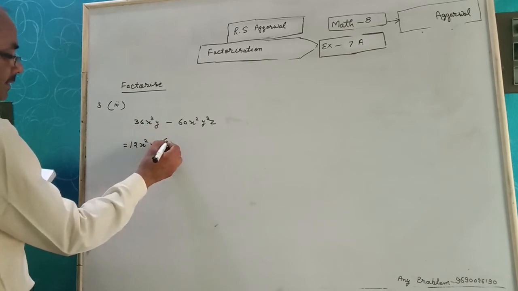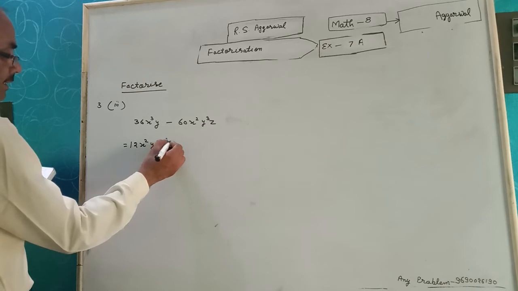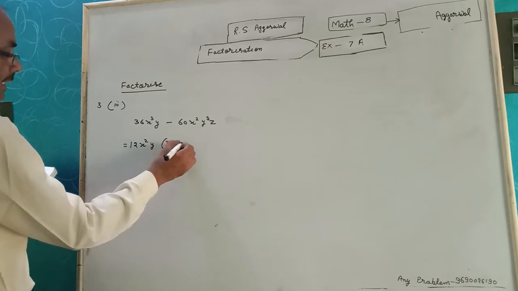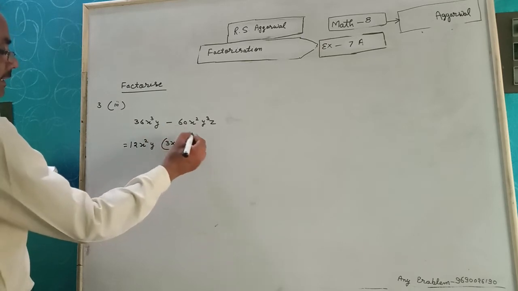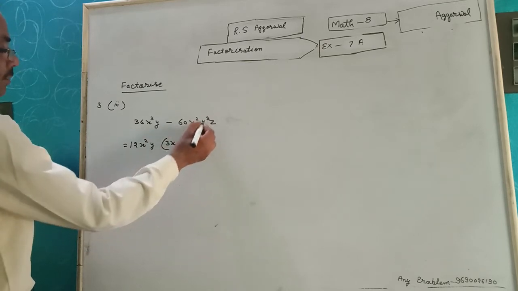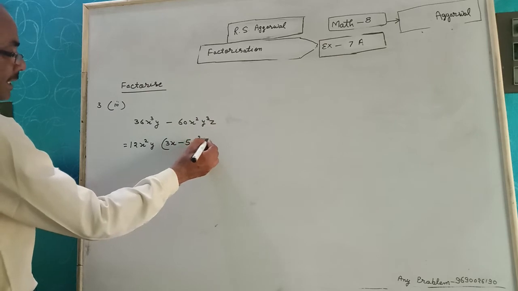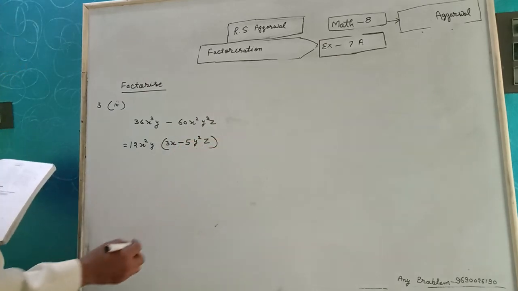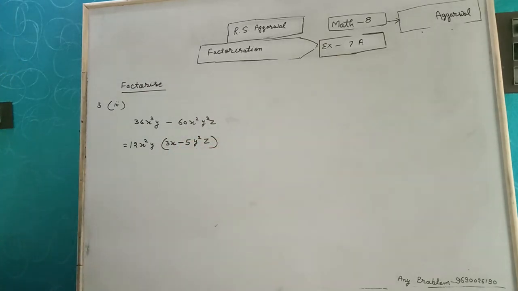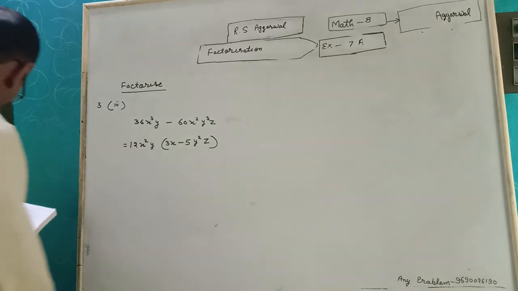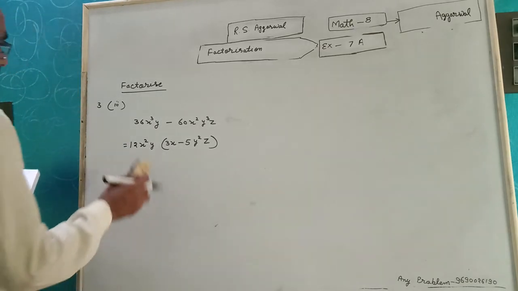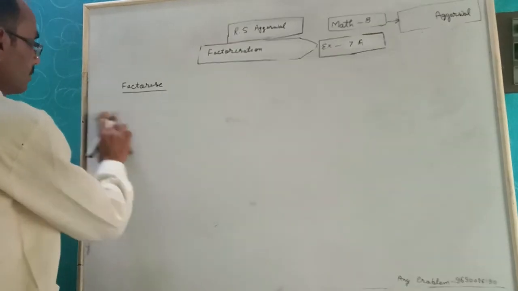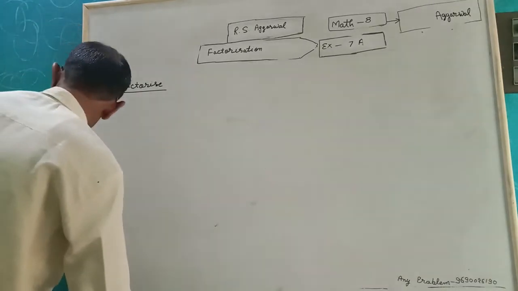After dividing, 12 times 3 is 36, so 3x minus 12 times 5 is 60, x square y cube, y square and z will remain. Question number 3 is complete.